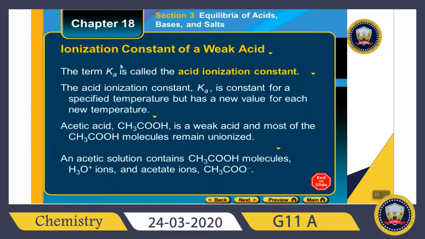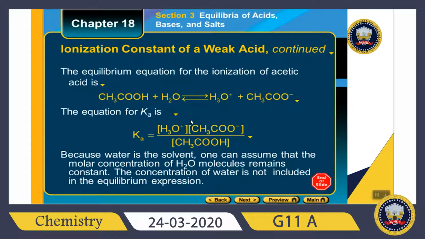We studied the acid ionization constants, Ka, and in the same way, the acid ionization constant Ka is equal, like here, to the concentration of the products over the concentration of the reactants, neglecting the concentration of H2O, because it has self-ionization, so it is neutral, so it has no effect in this equation.